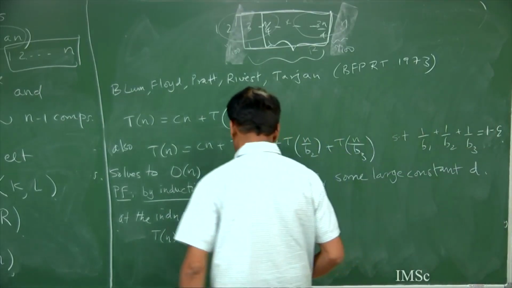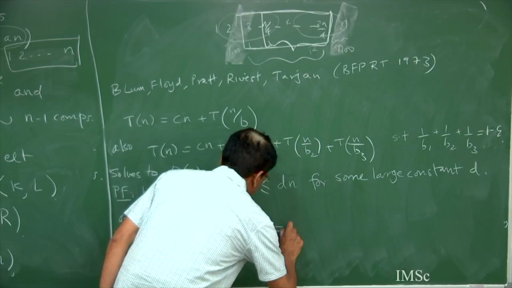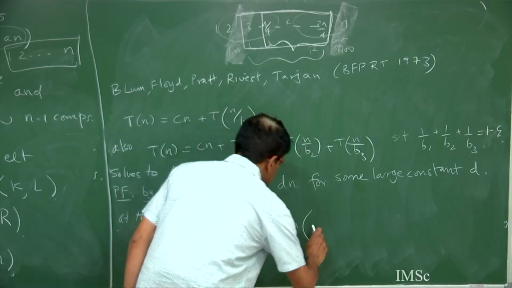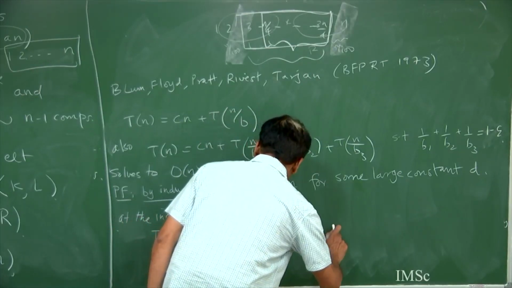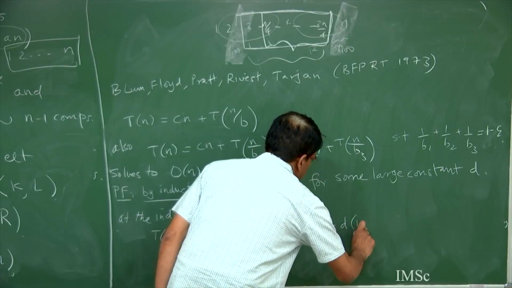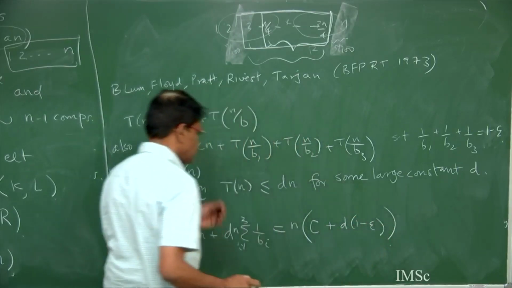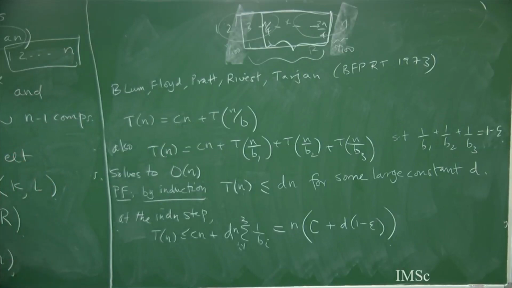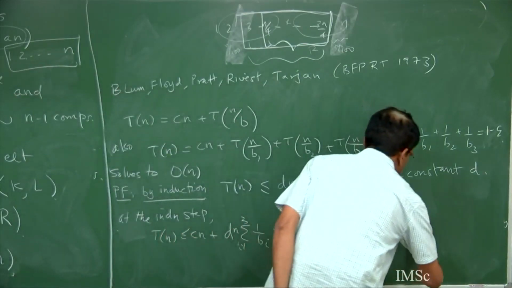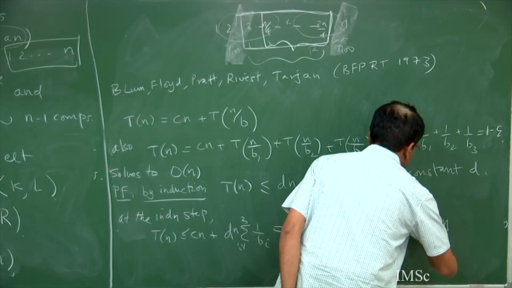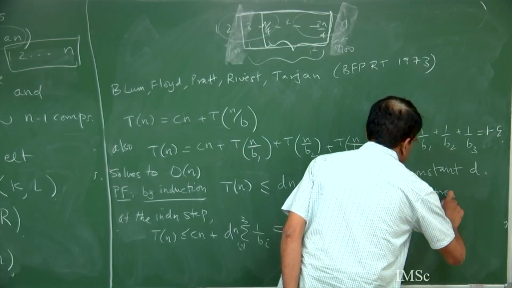So, this is equal to n into C plus d into 1 minus epsilon. And I want this to be less than or equal to dn.